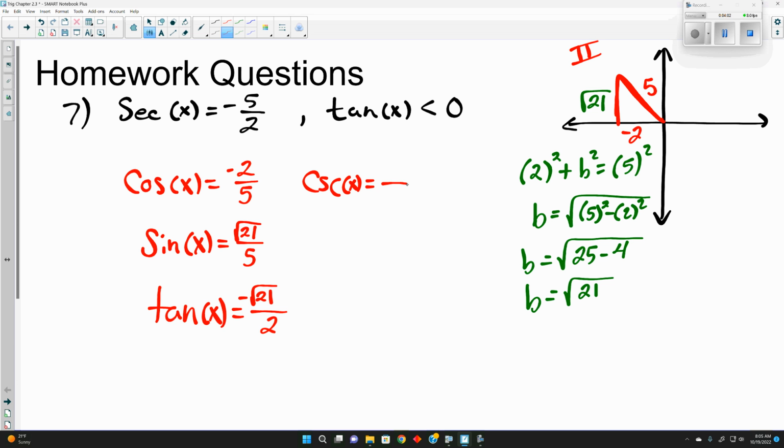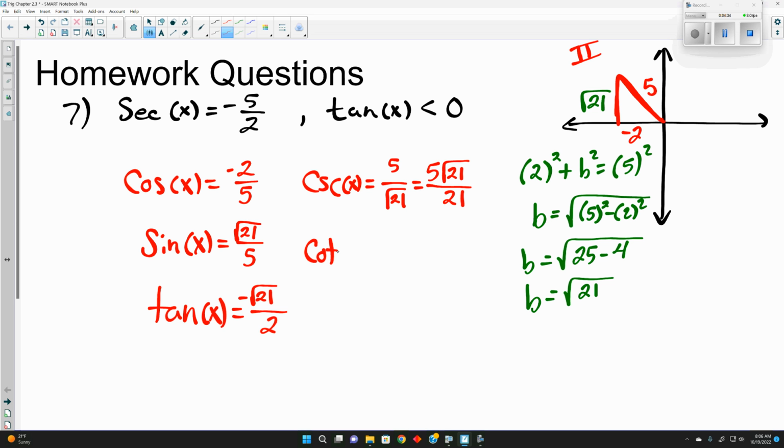Well, cosecant's going to be 1 over sine, so we can flip sine, which is 5 over the square root of 21. But we still have to rationalize the denominator, and luckily for us, the yellow calculator will do it for us. We don't have to work this one out if we don't want to, but it's going to work out to be 5 square root of 21 over 21, because essentially we're multiplying top and bottom by the square root of 21, and there's no common factor to simplify.